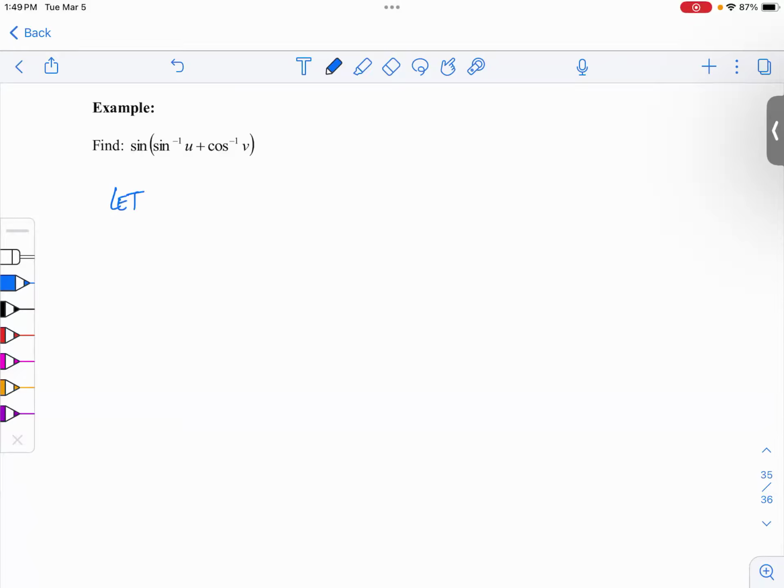Let theta equal sine inverse of u, and let gamma equal cosine inverse of v. So we have to convert the entire piece.